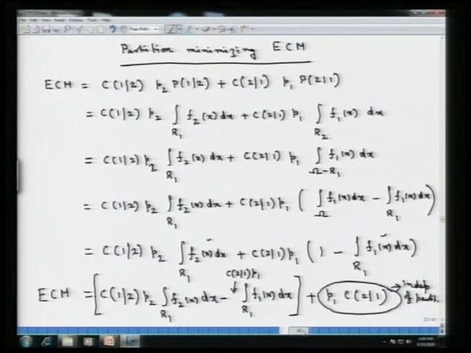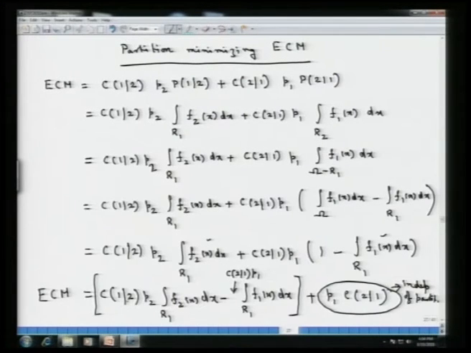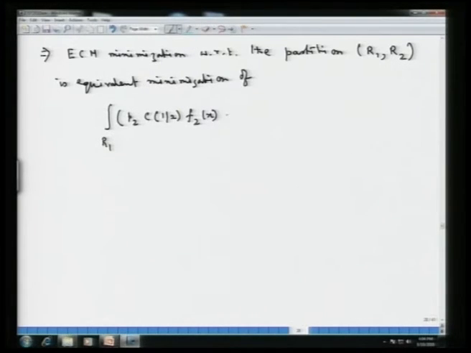So this is minimization of the integral over R1, writing it in one expression: P2 into C(1|2) multiplied by f2(x), coming from the first term, that minus P1 C(2|1) into f1(x), dx. This is what we are trying to find out.